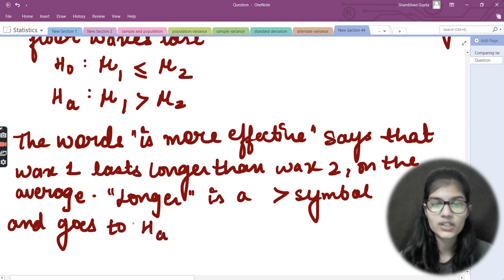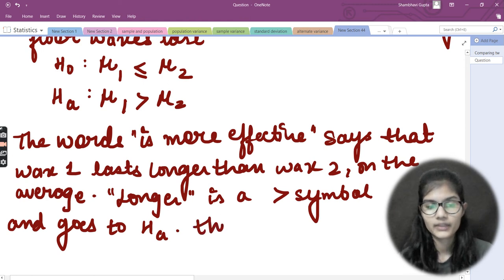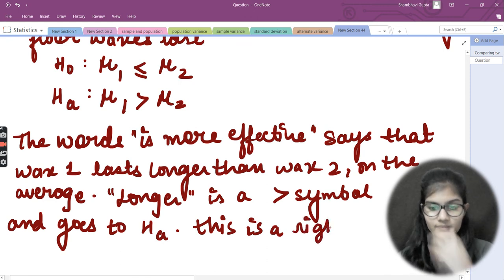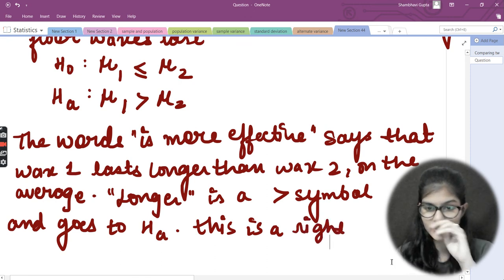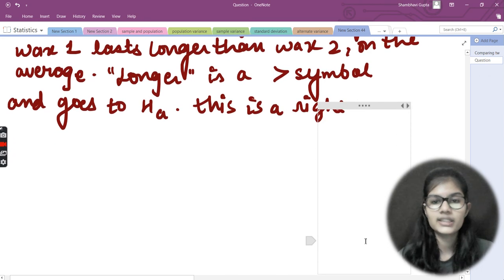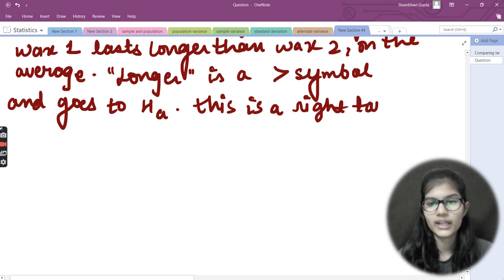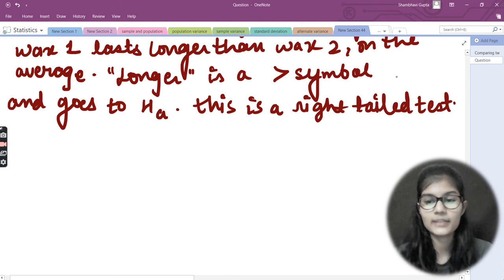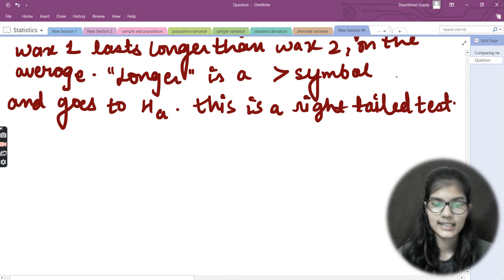That is basically my alternate hypothesis. So it means that this is a right, let me come down, so it means that this is a right-tailed test. Okay, it means that it is a right-tailed test.